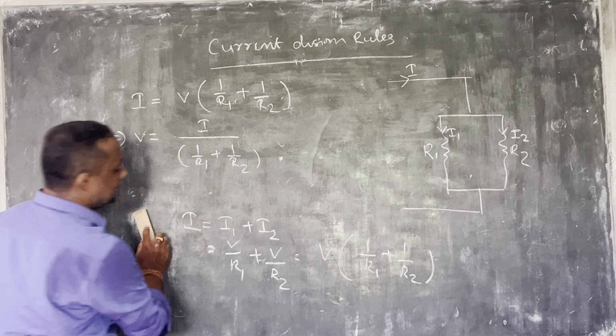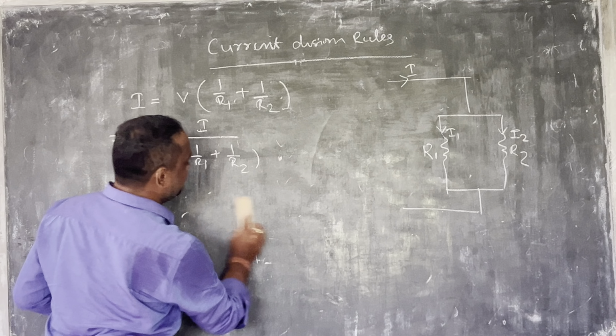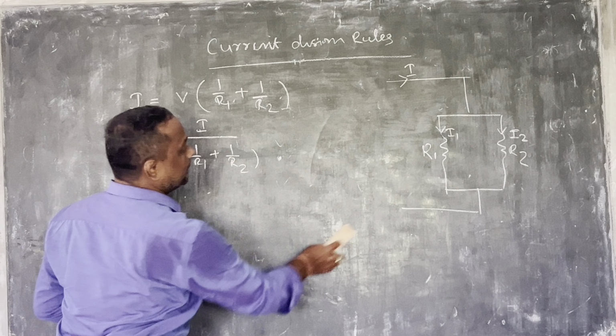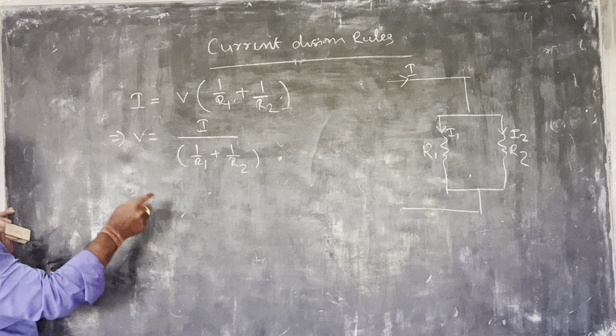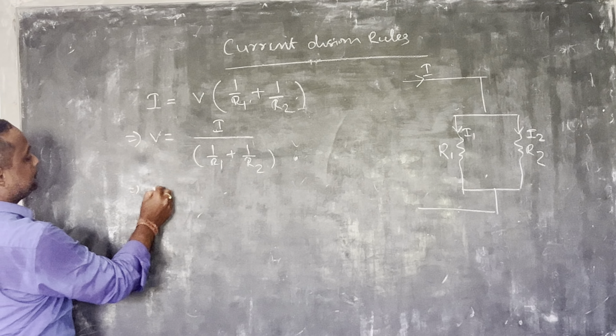We can find the branch current, that is I1 through the resistance R1.